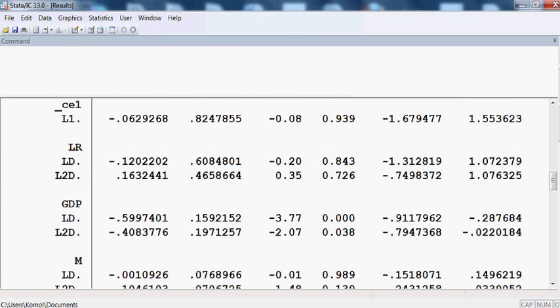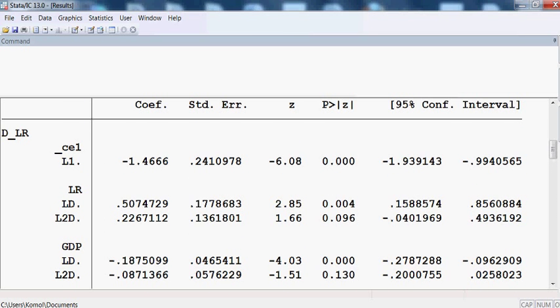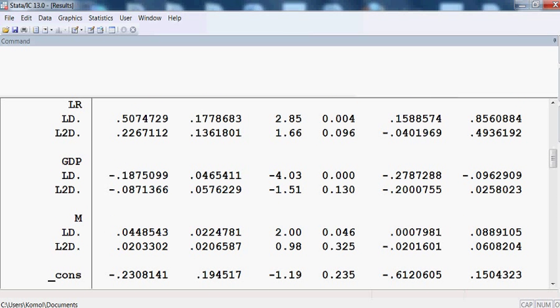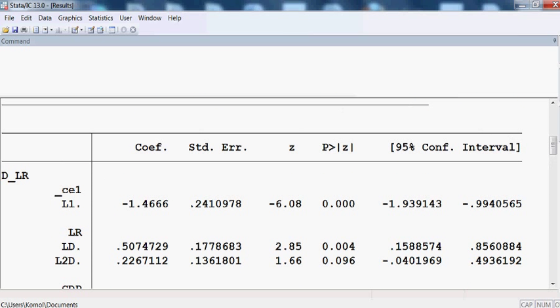meaning that I come back to my model, that is my model, right? Meaning that the M, which is money supply, meaning that LD and L2D are 0, meaning that money supply cannot cause LR in the short run, right?